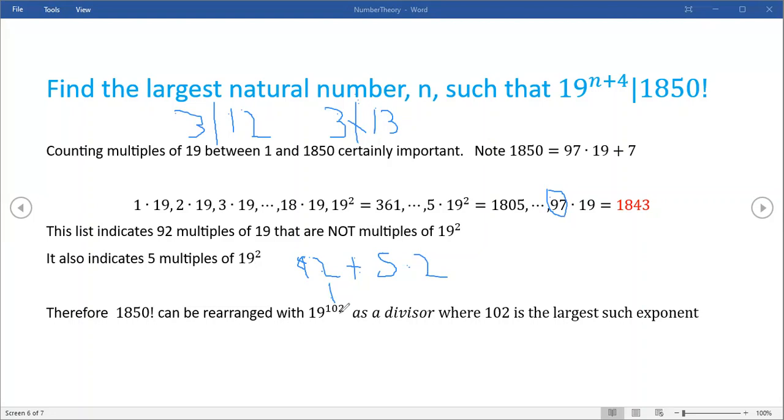And you can be assured that this is the largest possible exponent of 19, since this is an exhaustive list up here of all the multiples of 19.